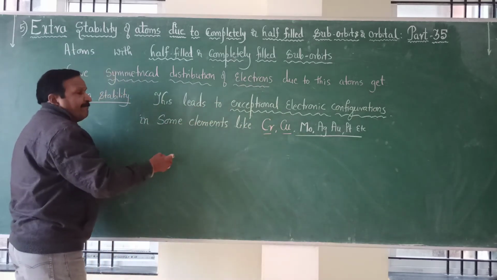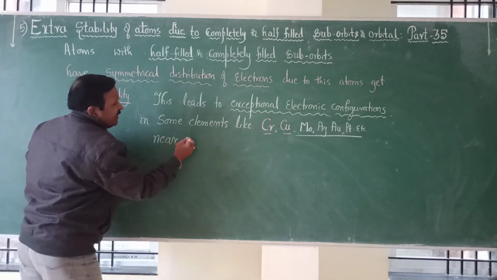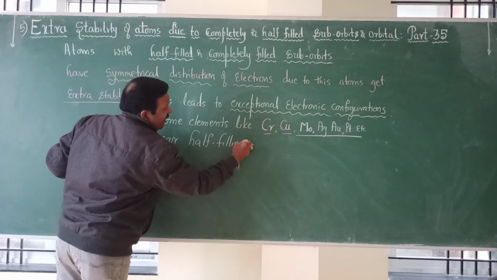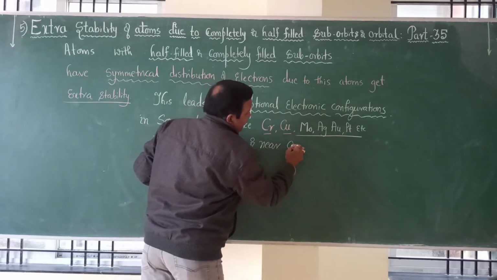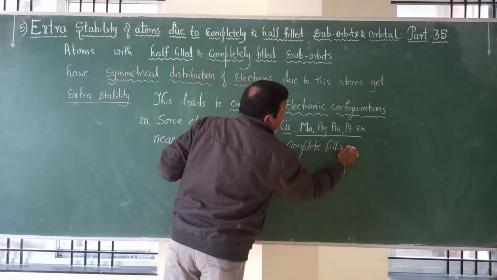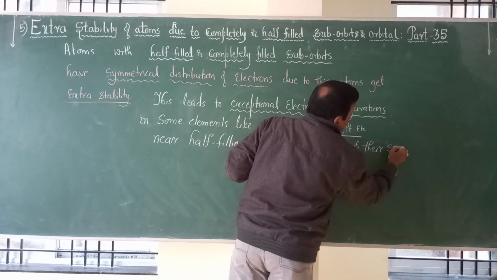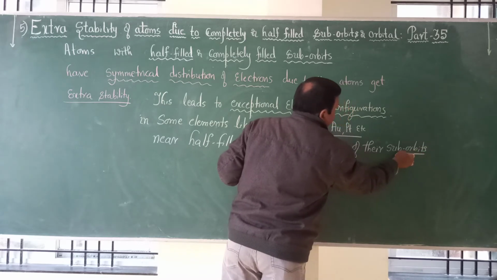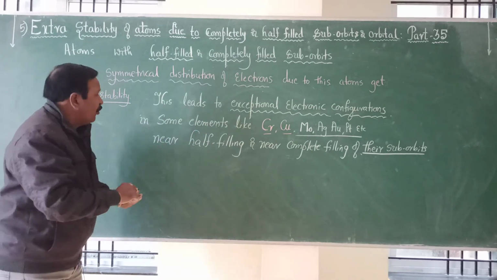When elements are near half filling or near complete filling of their sub-orbitals, what do we mean by near?